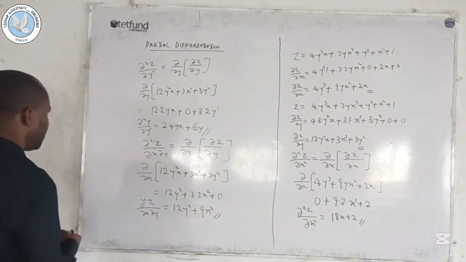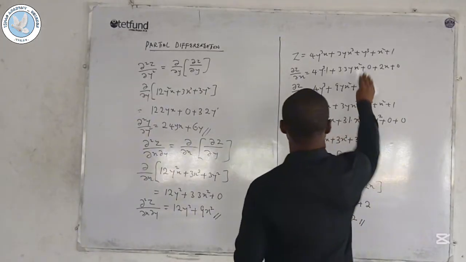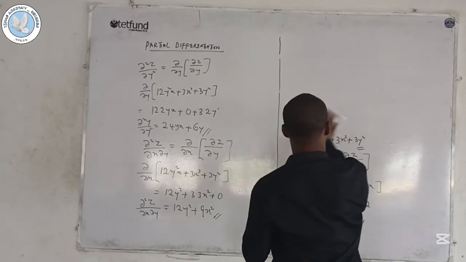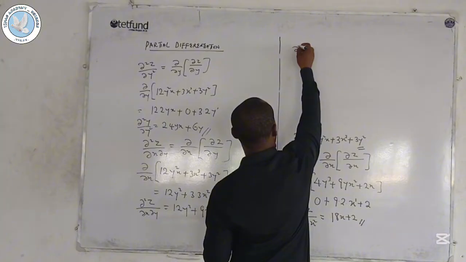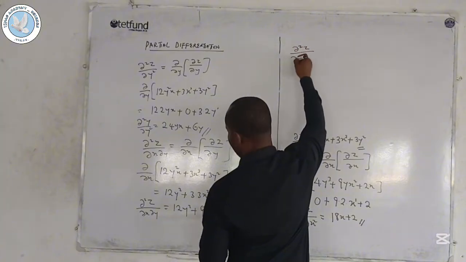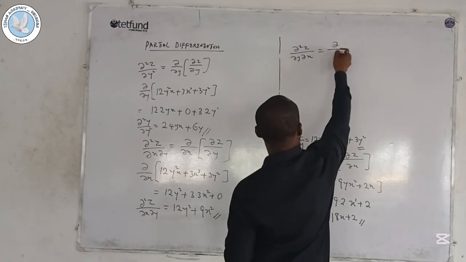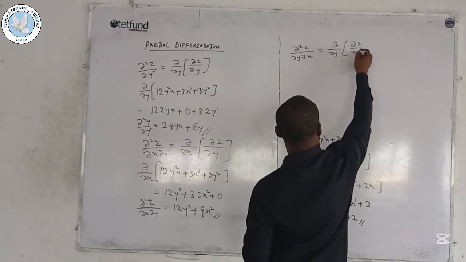So let's also look at with respect to y when the answer was gotten with respect to x. So at this point, you can write it this way with respect to y, this is giving us into dz dy.